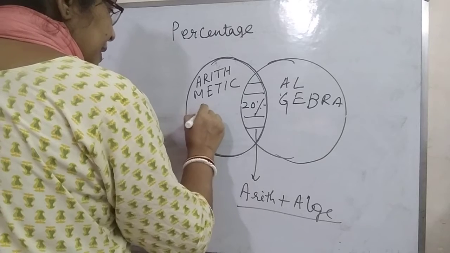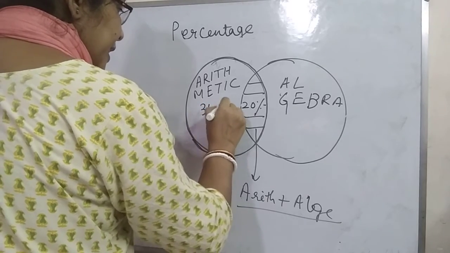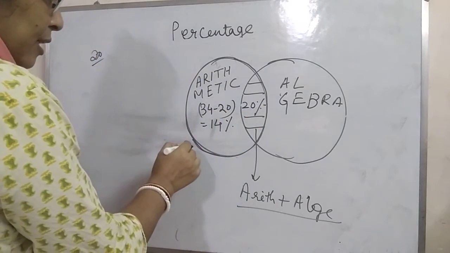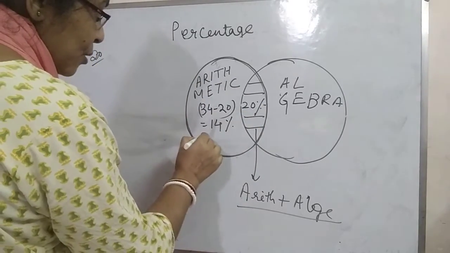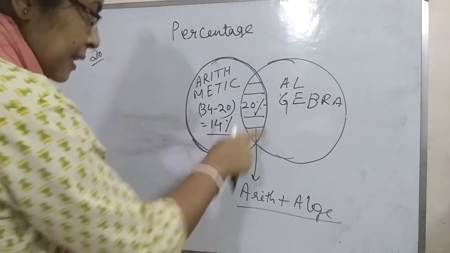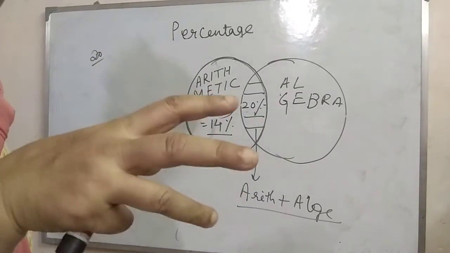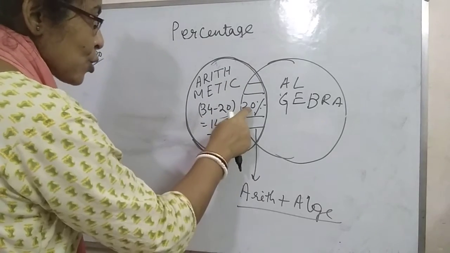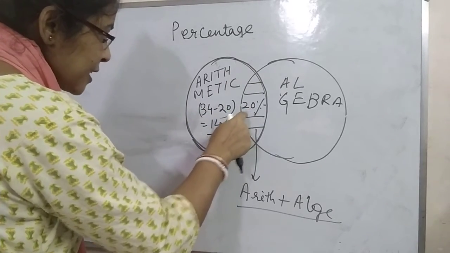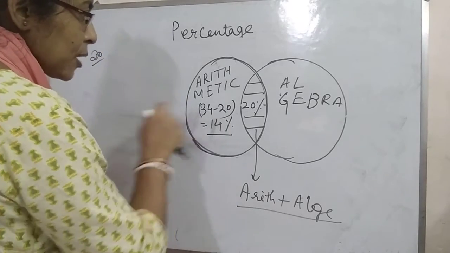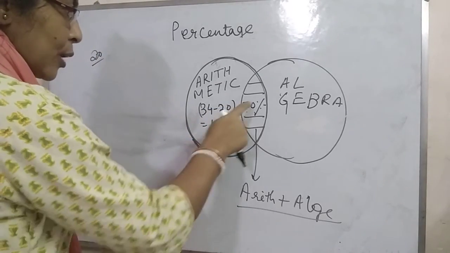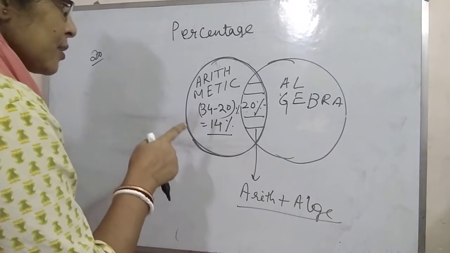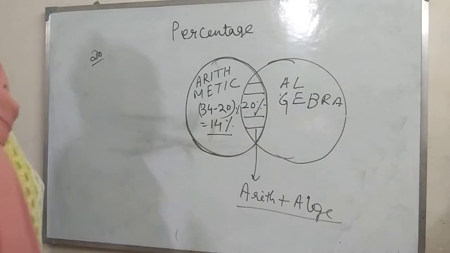That means this is 34 minus 20, which is equal to 14%. You see, 14% plus 20%, this total block is for arithmetic, 20 plus 14 equal to 34%. That means only failed students in arithmetic is 14%.